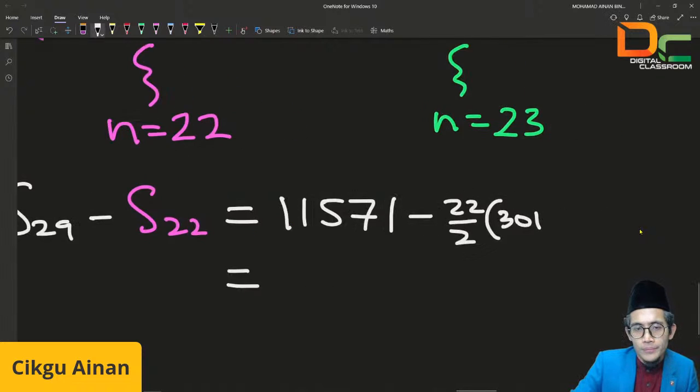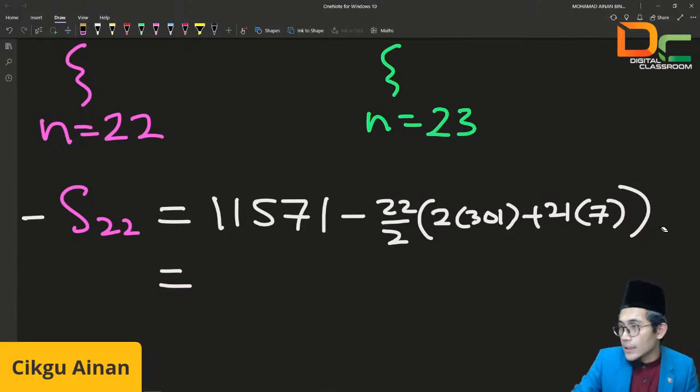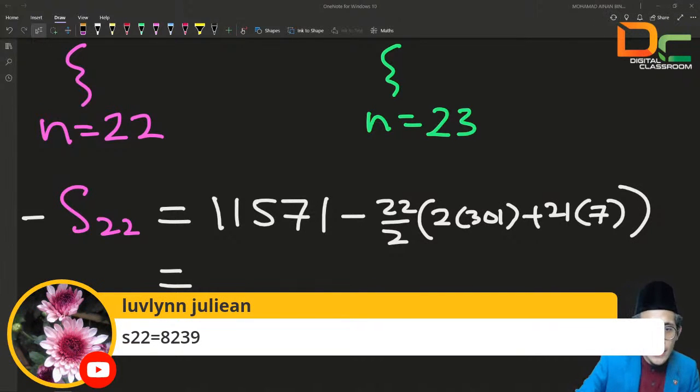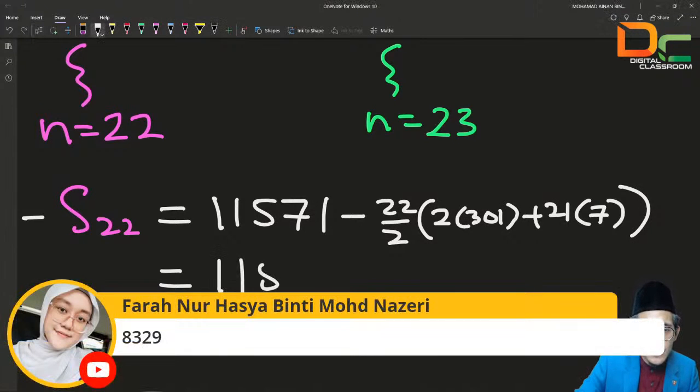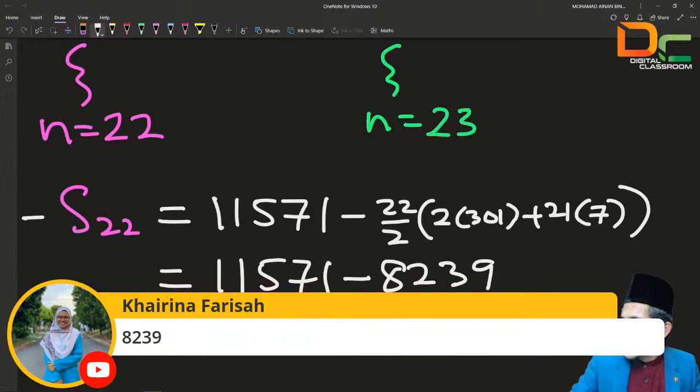Betul? 2 multiply 301, plus N minus 1, 21 D is 7. Siapa tadi dapat nilai tadi? Dia 8,000 something. Yes, 8,000 something. 8239. So this one lah. 8239. Yang dapat 9856 tu mungkin you make careless mistake somewhere.